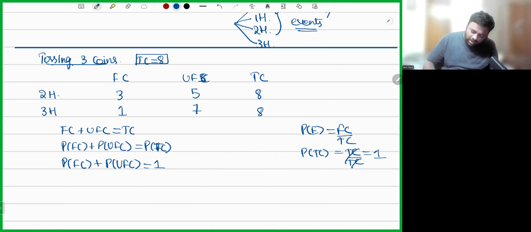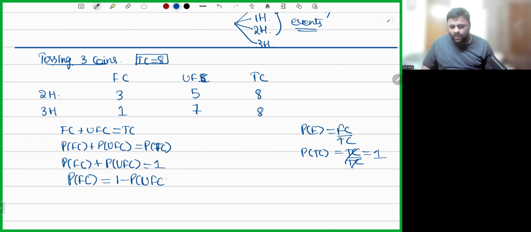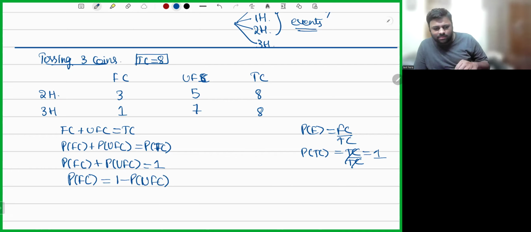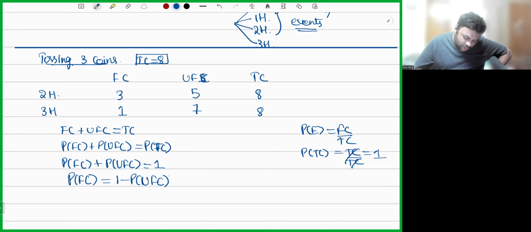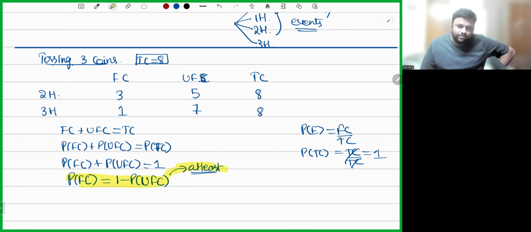If you want, you can even write like this: probability of favorable case is equal to 1 minus probability of unfavorable cases. Basically, this concept we use when the words "at least" are given in the question. I'll tell you more about this concept in the next class, when we discuss the sums.